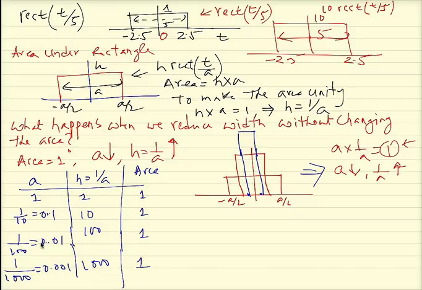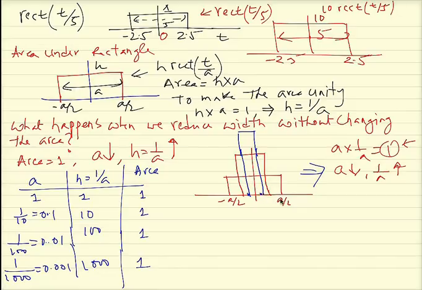Similarly, if you have a smaller value, a 0.01, the h has to be 100, so it should be much higher, and it will be again 1. If you further reduce it to 0.001, then h will be much higher again. So if you reduce a by 1000 times, h has to be increased by 1000 times to make the area 1.